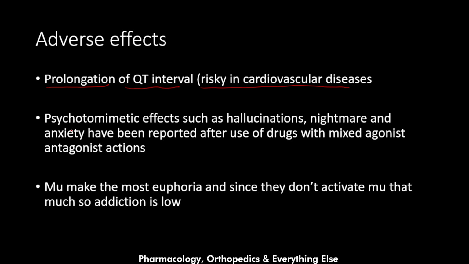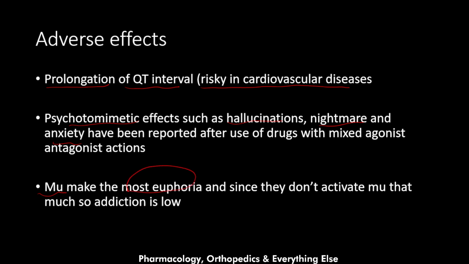It also leads to psychotic effects like hallucinations, nightmares, and anxiety. It also leads to opioid dependence or opioid addiction once used recurrently, but it has less addiction compared to agonist opioids because the mu receptors make the most euphoria.